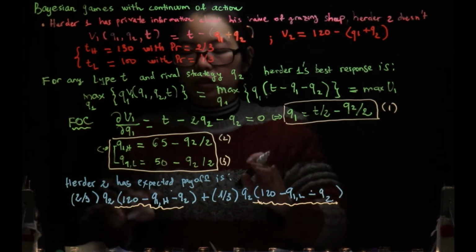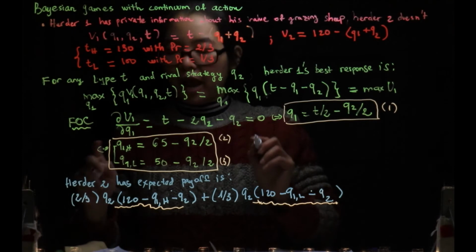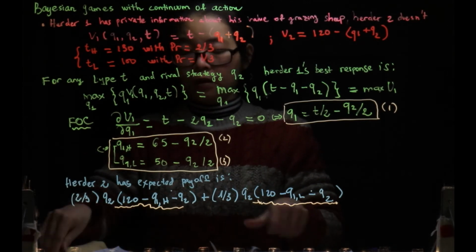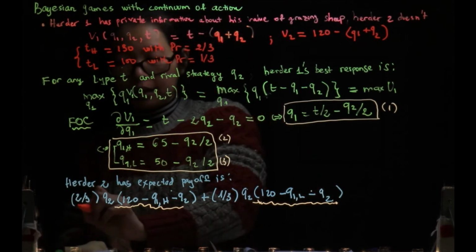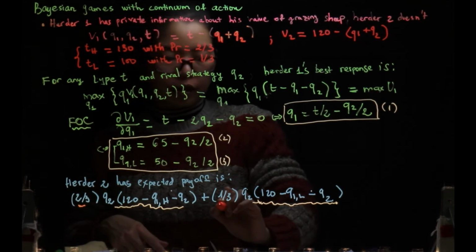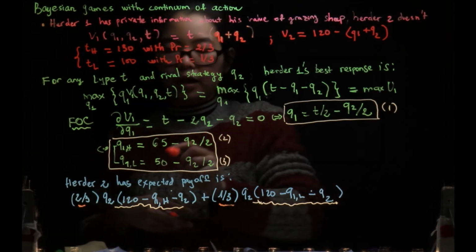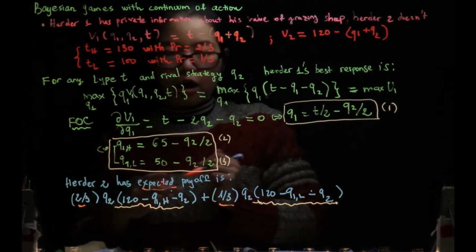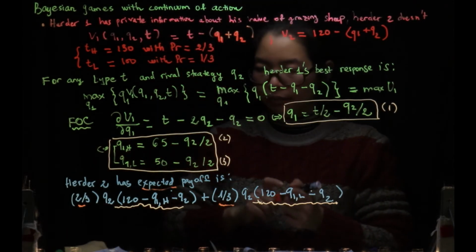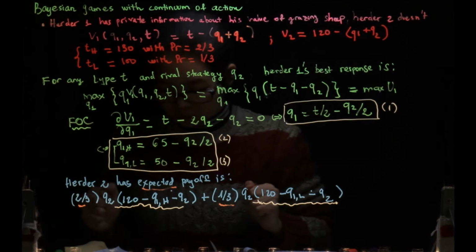And then, because of uncertainty, we have to weight it by the probability of the two scenarios in order to arrive at the expected payoff. That's the idea. Okay?